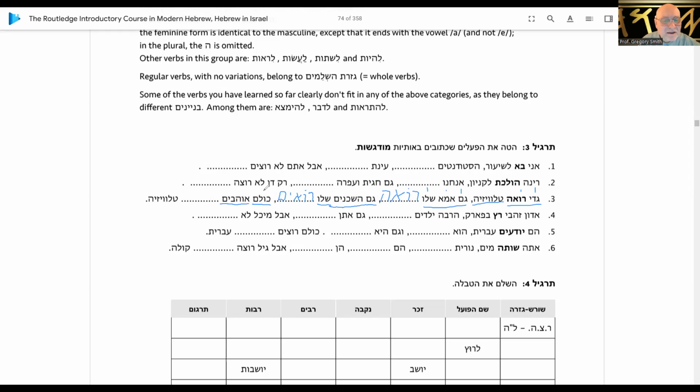Kolam ohavim. Oh, look at that one there. Kolam ohavim. Yeah, everyone loves blank. So basically, we got to come up with the to watch, the television. So we're going to use lirot, to watch, lirot.